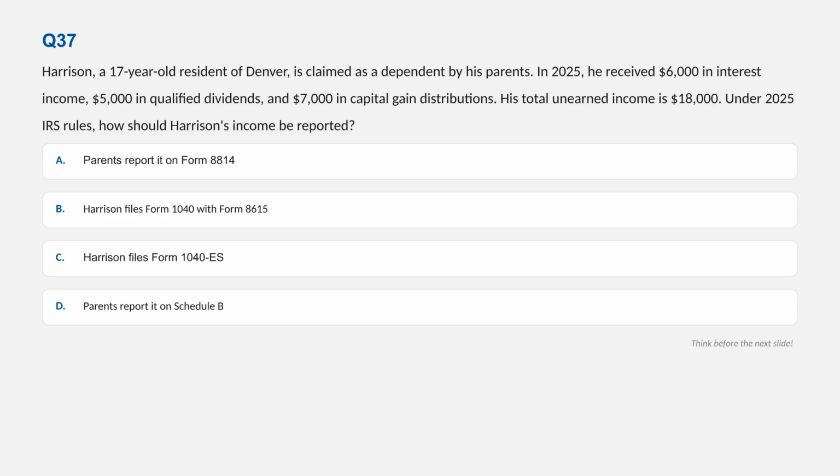His total unearned income is $18,000. Under 2025 IRS rules, how should Harrison's income be reported? A. Parents report it on Form 8814. B. Harrison files Form 1040 with Form 8615. C. Harrison files Form 1040-ES. D. Parents report it on Schedule B.